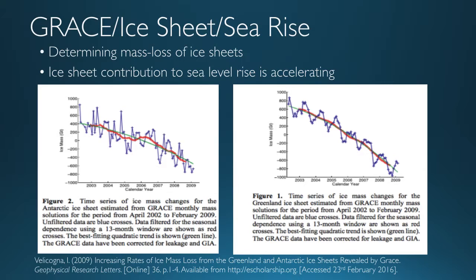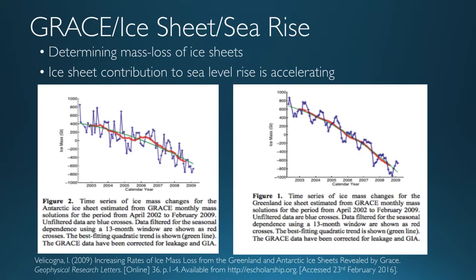In their solution, they applied many different corrections. For example, they used a different spherical harmonic coefficient because the one that GRACE uses has a lot of variability, so they replaced it with values taken from satellite laser ranging.